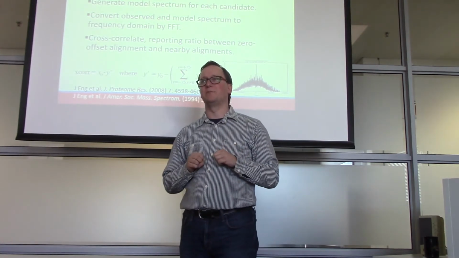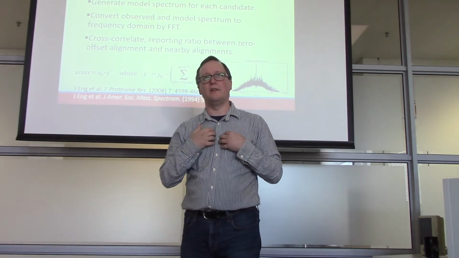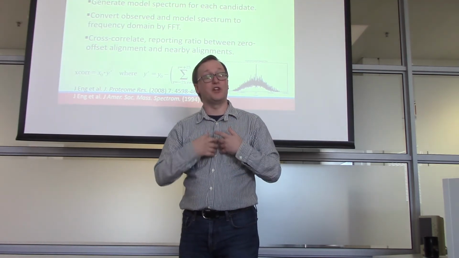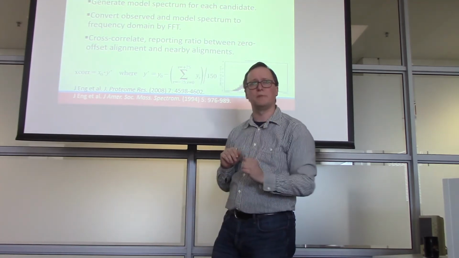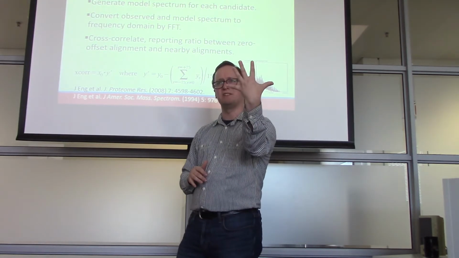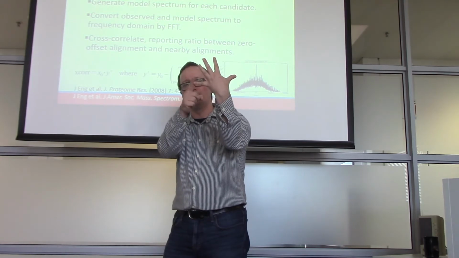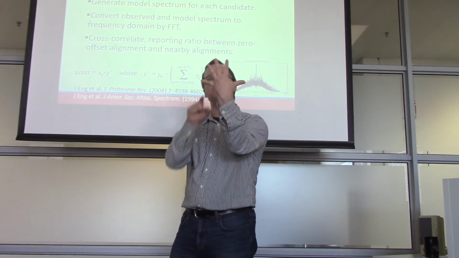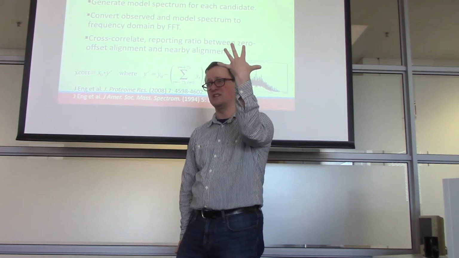Fast Fourier transform is beyond the purposes of this class for now, but I will just say that it is a very useful shortcut to get to cross-correlation. Now I'm going to try to explain this. Imagine that this hand represents the observed tandem mass spectrum. We've got a low of, say, 0, and here we've got a high of 2,000, and here we've got a bunch of peaks that represent observed tandem mass spectral peaks.